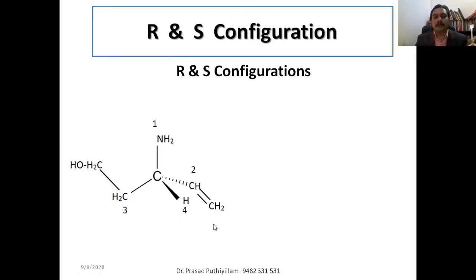Now here we can say that the hydrogen is facing you, or hydrogen is facing us, even to me also it is facing, I'm looking at the screen. Whereas here, say hydrogen is there. So hydrogen is facing you. At the top it is the NH2 group. What I wrote, that is NH2.